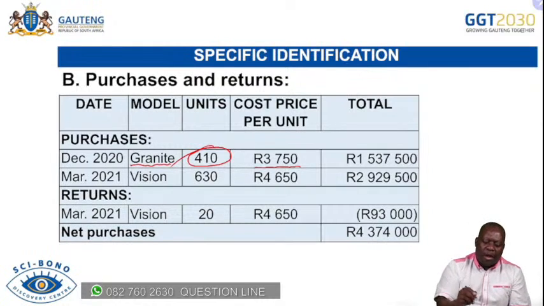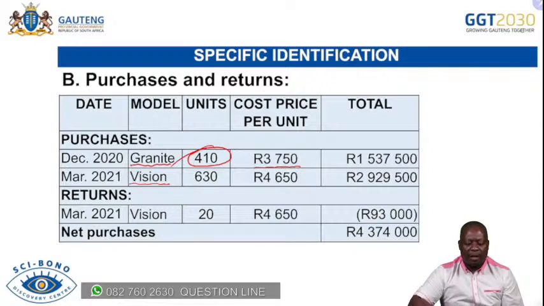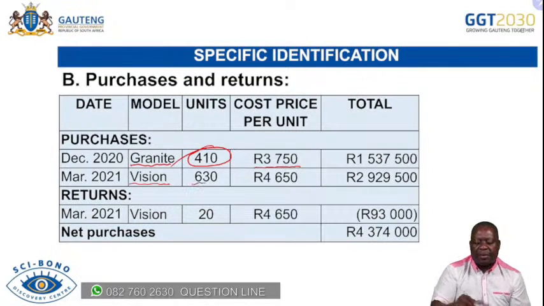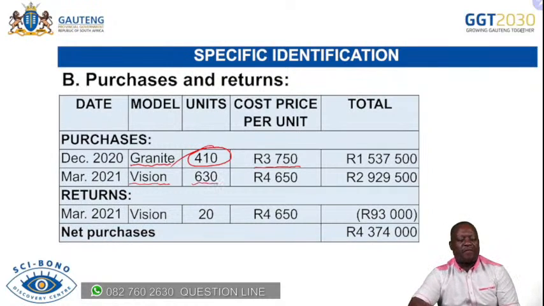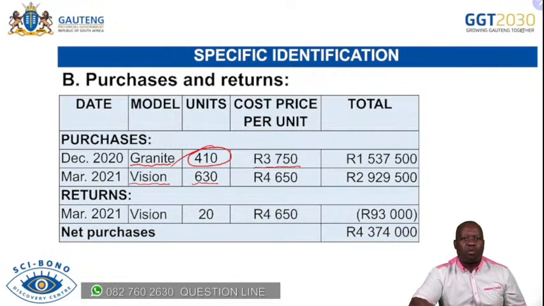Now, when it comes to March, we bought the third model, the Vision, and we bought 630 units, and the price is 4,650. So you can see we never bought any model twice. Lexus, we had it when we started. Granite, we bought only 410. Vision, we only bought 630.